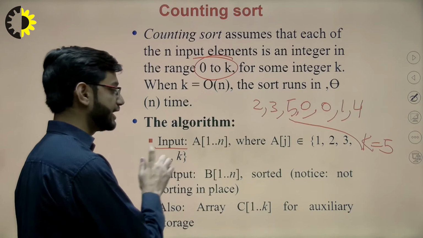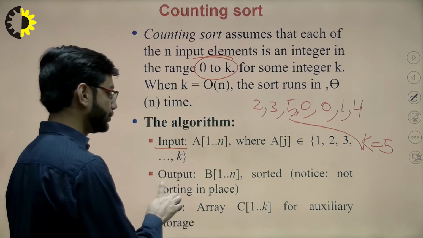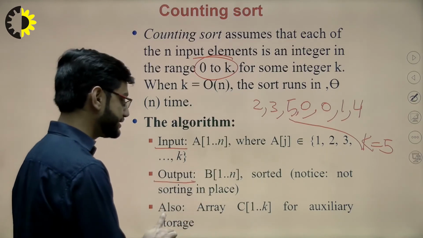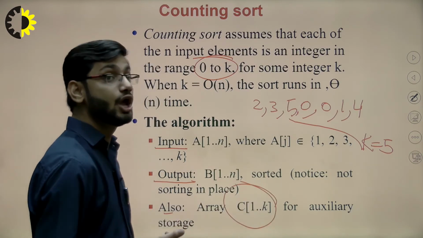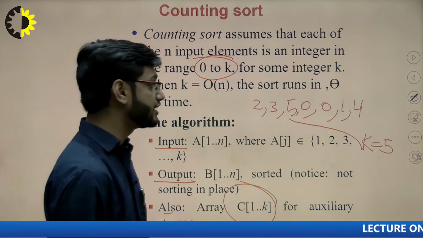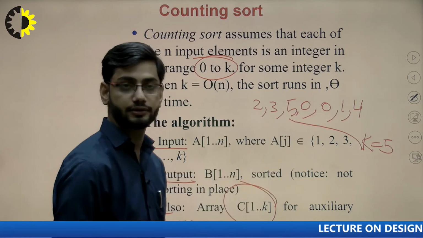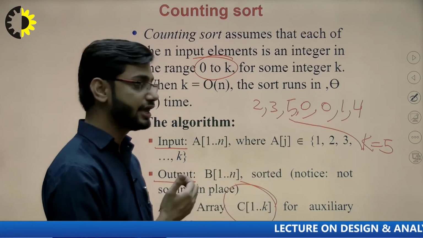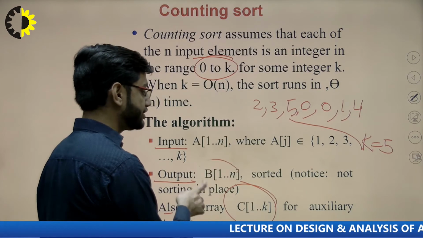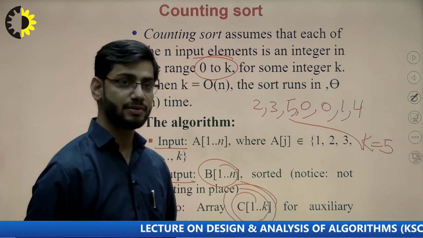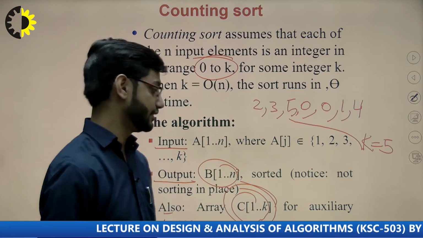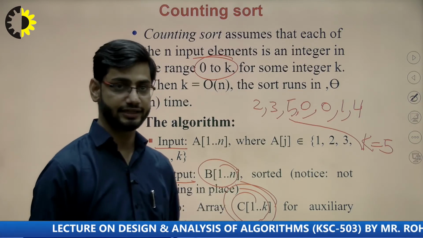This is the input array A[1..n]. An output array is also required, and there is a supplementary or supporting array C, which carries the frequency of these elements. So here you require two additional arrays, additional memory for getting the sorted output.